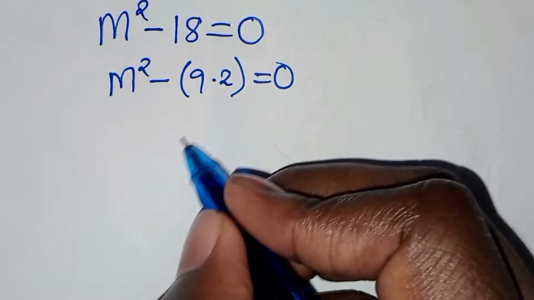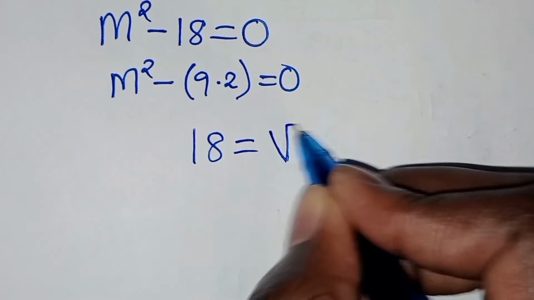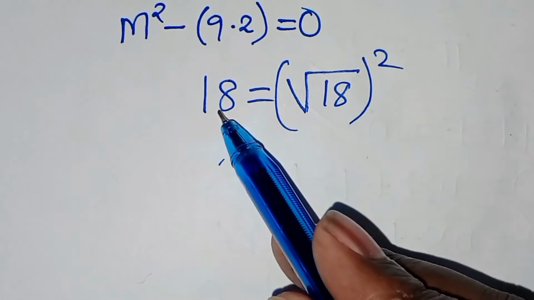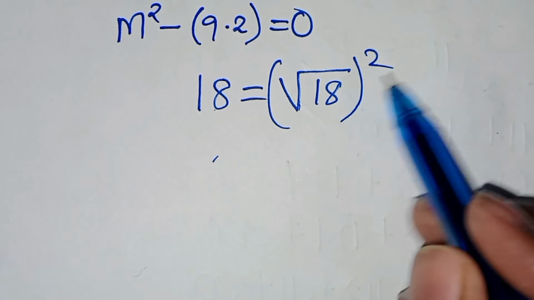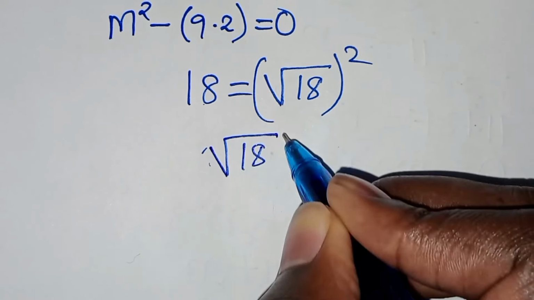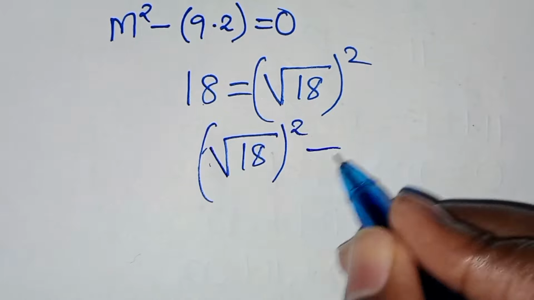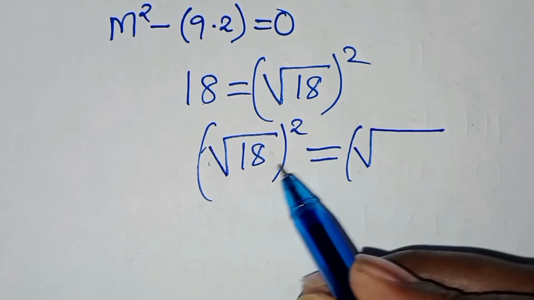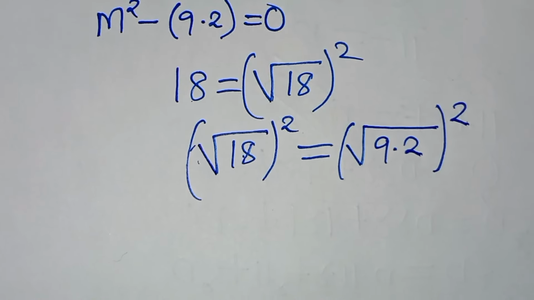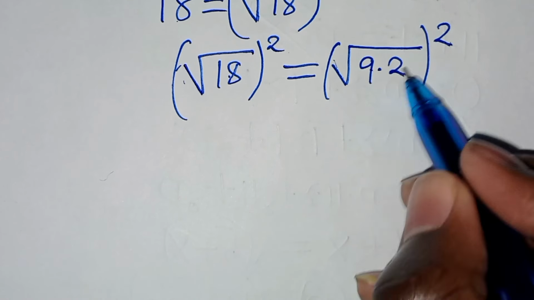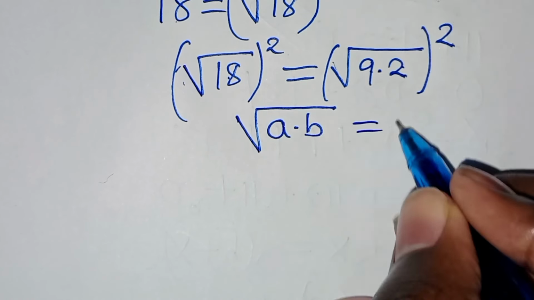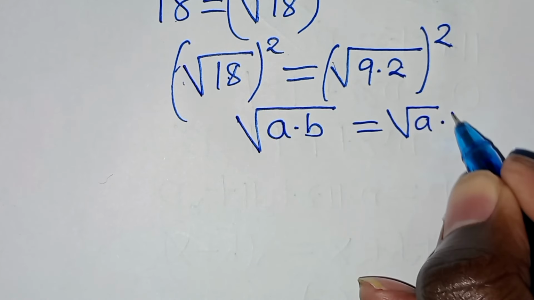Now from here, we can express 18 as the square root of 18 raised to the power of 2, which is the same thing as 9 times 2 raised to the power of 2. The square root of 9 times 2 is in the form of the square root of a times b, which can be expressed as the square root of a times the square root of b.